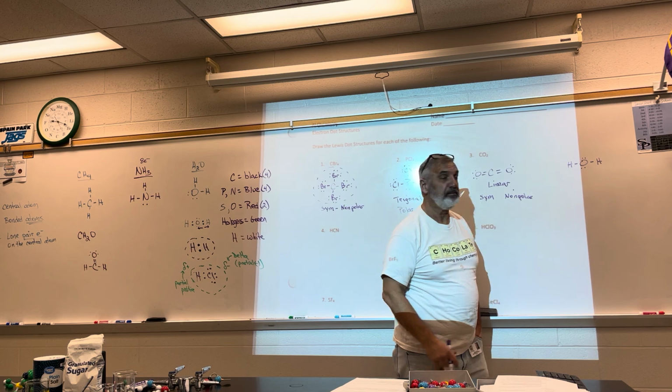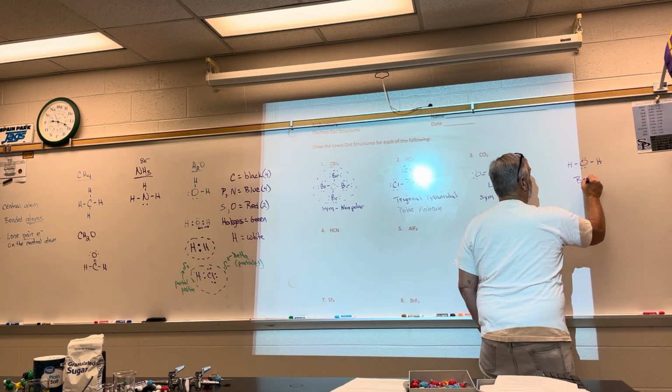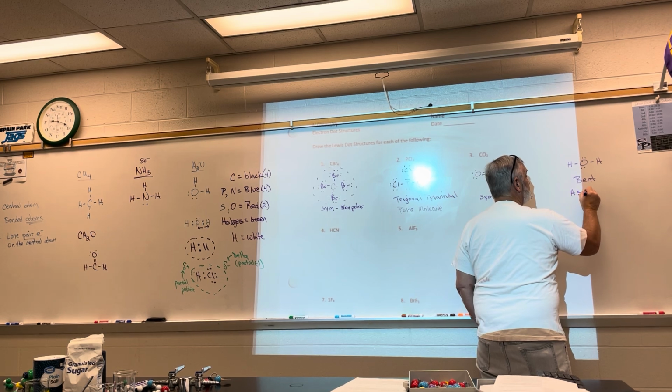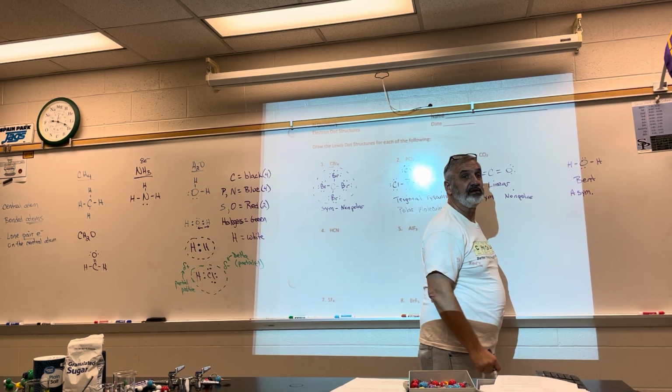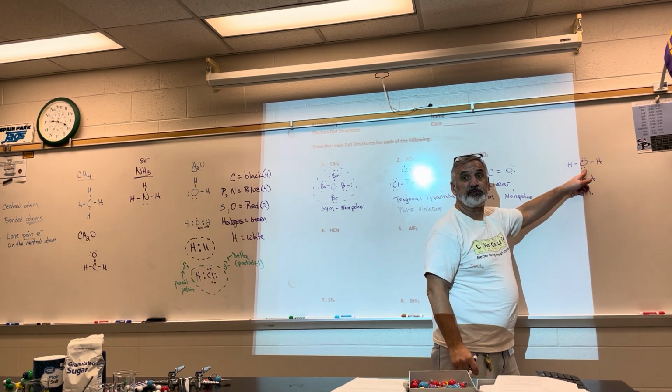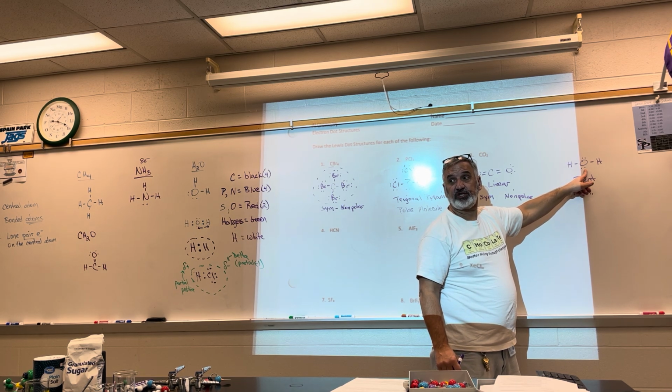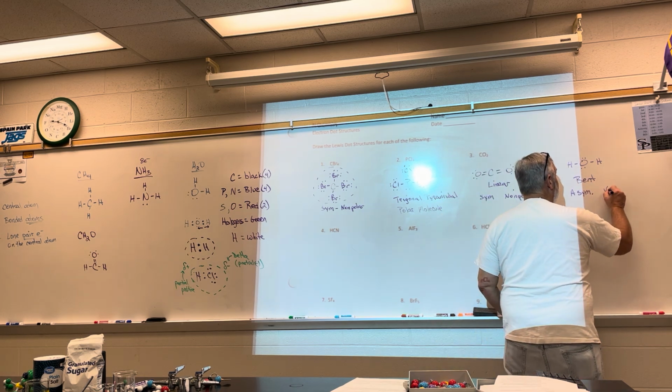AX2E2, bent. Is that symmetrical or asymmetrical? Do I have polar bonds present? Yes. So is this polar or nonpolar? It's asymmetrical. It's got polar bonds. So it's polar. It's very polar.